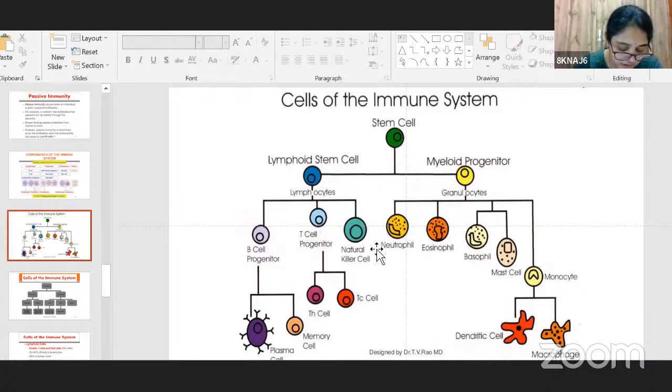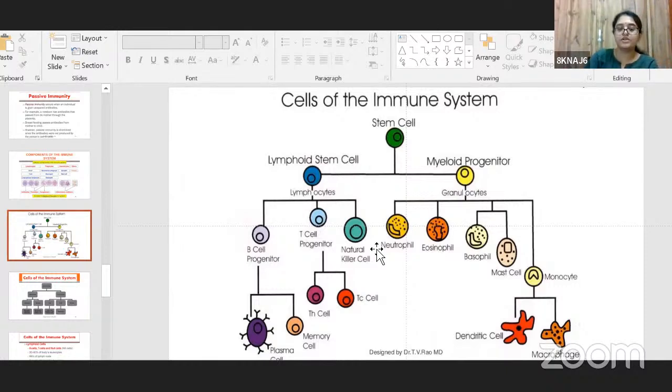So, as you can see, the progenitor commitment depends on the acquisition of responsiveness to particular growth factors and cytokines. You have a lot of growth factors that are involved which give rise to these cells. Then the immature precursor cells develop into the progenitor cells.